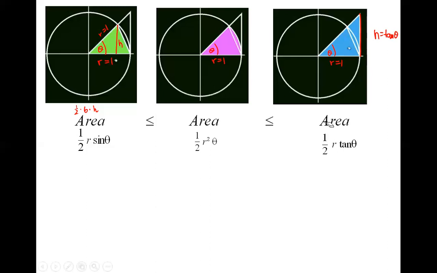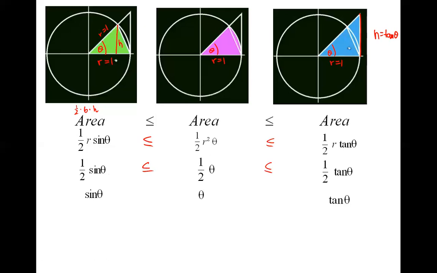Let me put the same formulas, but of course, substituting r equals 1. Each of the parts contains 1/2. I should keep my relation, of course, less than. I am dividing each part by a half.